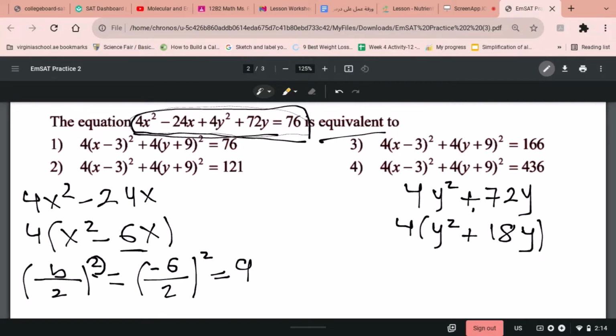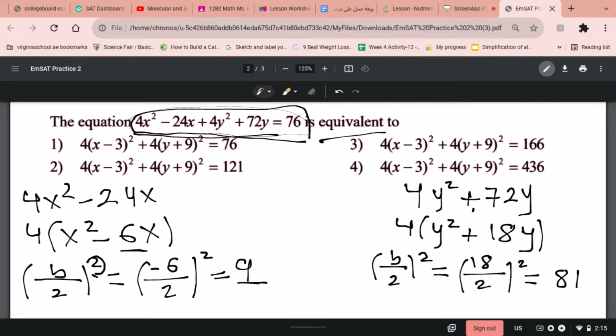And here we put the rule (b over 2) squared. We know that b is 18, and we divide it by 2, squared. 18 over 2 is 9, so 9 squared is 81. Then we take those 2 values and import them into this expression.